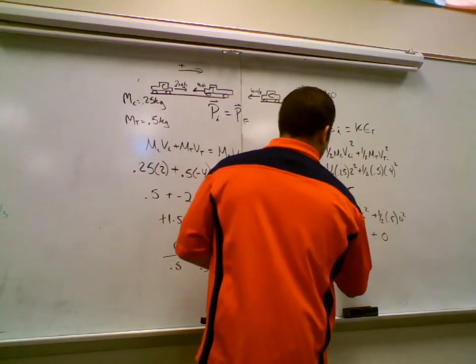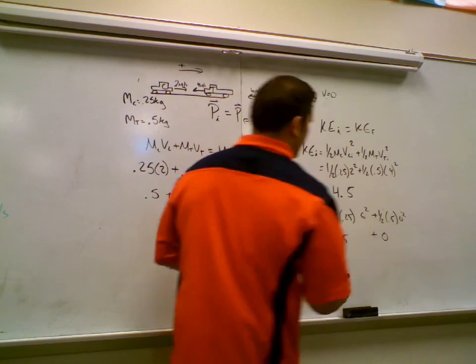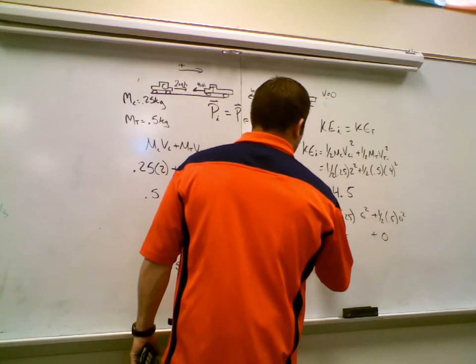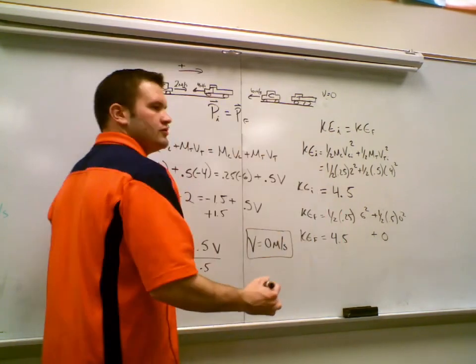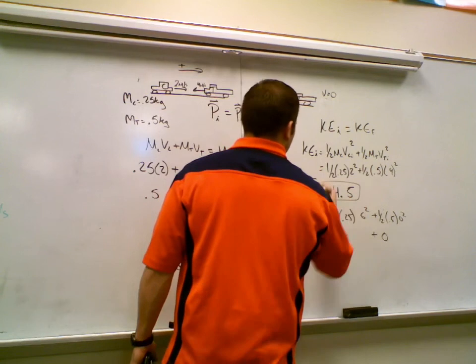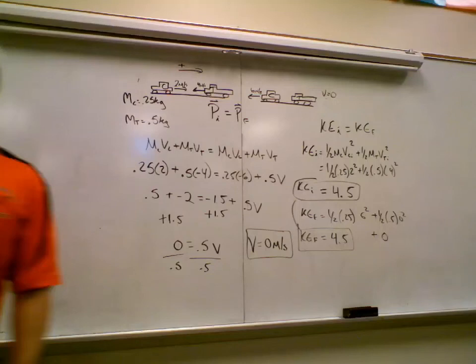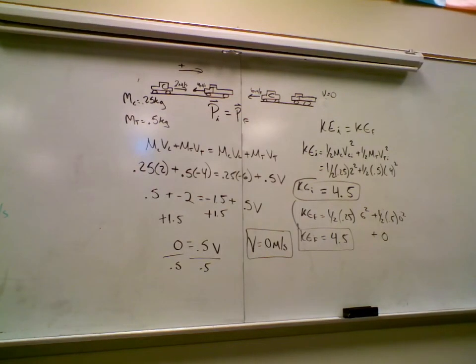On the other side you get 4. Equals 4.5. So what do we know about final and initial? They're equal, right? Yay! Those two are equal. So since those two are equal, this is elastic.